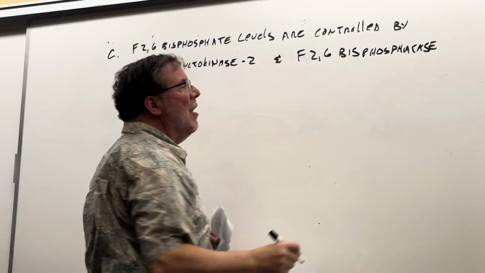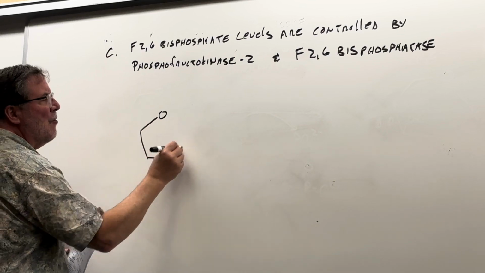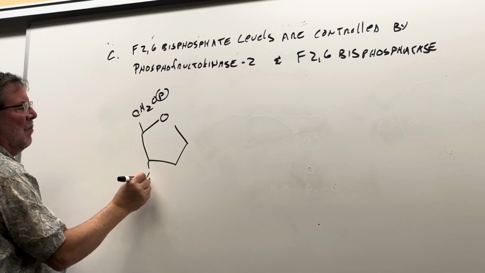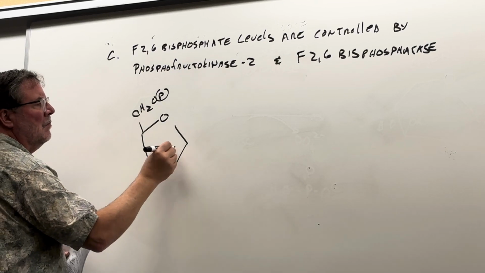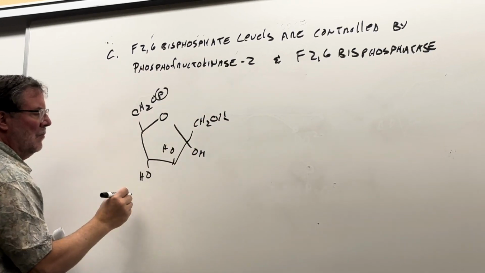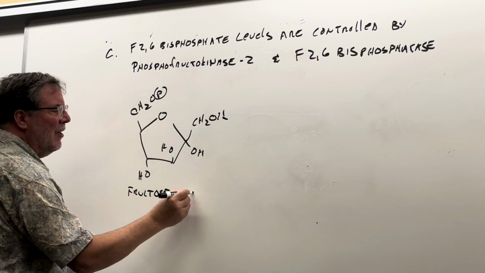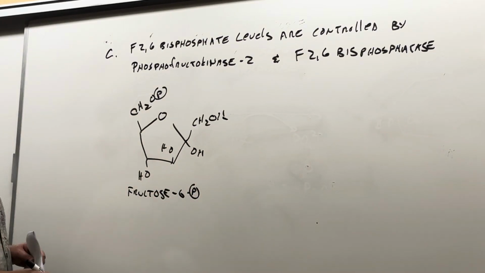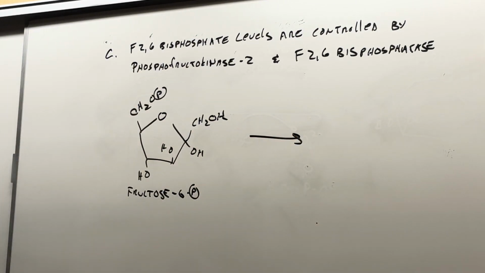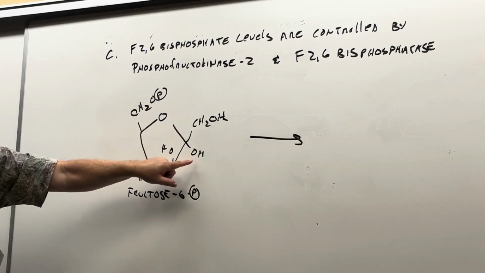So there are two other enzymes. So we're going to take our fructose 6-phosphate here. Here is our fructose 6-phosphate. And there is another fructokinase. Our fructokinase that we use in glycolysis, that's going to phosphorylate this position. Well, there's another one that's going to phosphorylate that position.